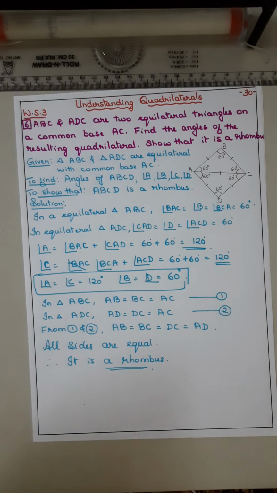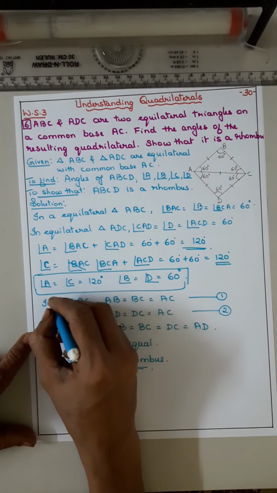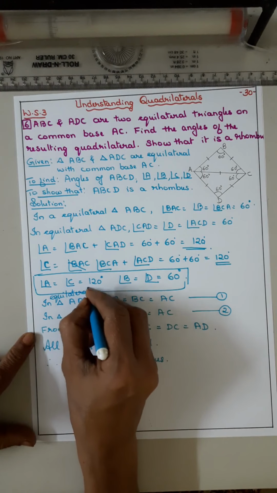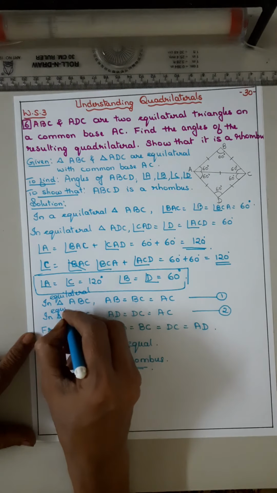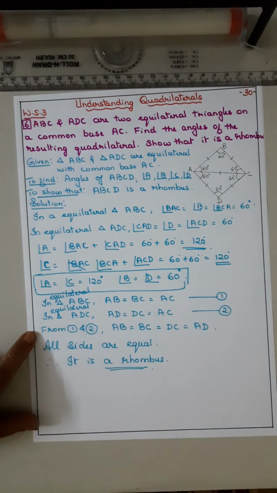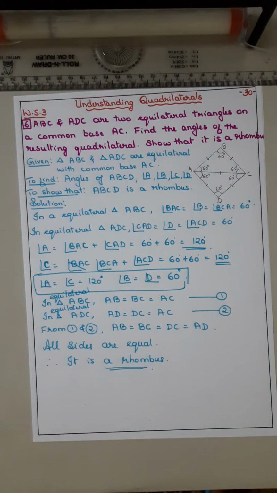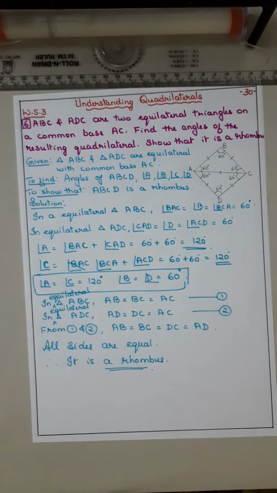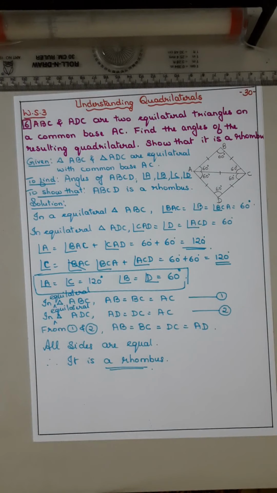For A and C you have to add, and for the sides, you have to tell that in an equilateral triangle all sides are equal. Mention equilateral triangle ABC, equilateral triangle ADC, they are equal. Here you should be careful with the writing part.